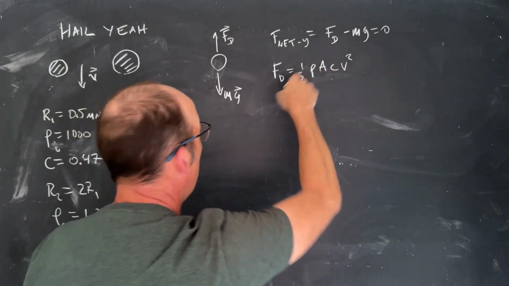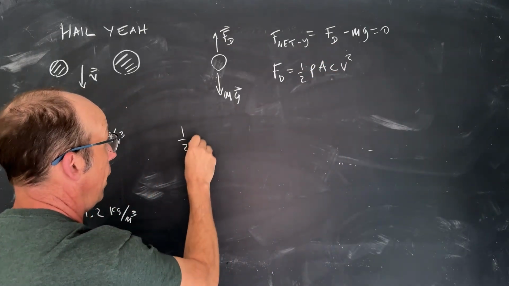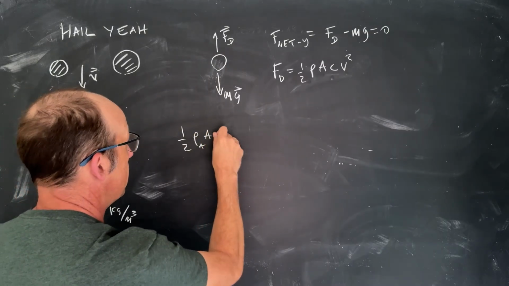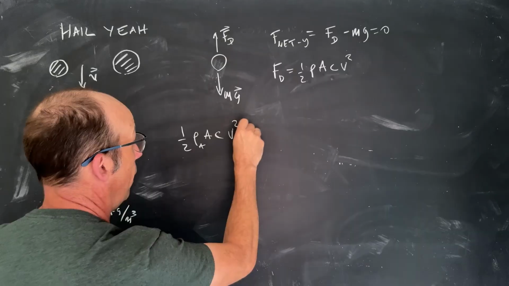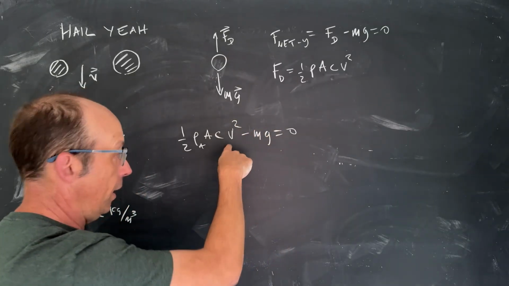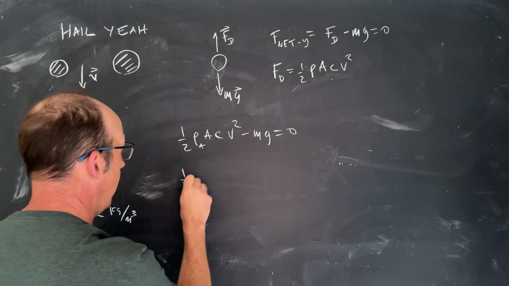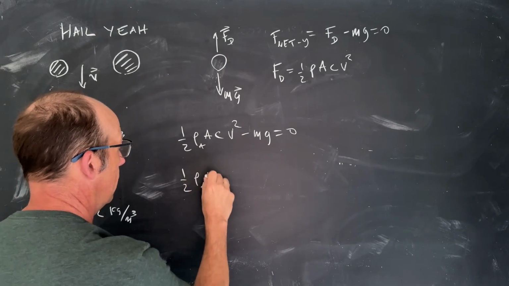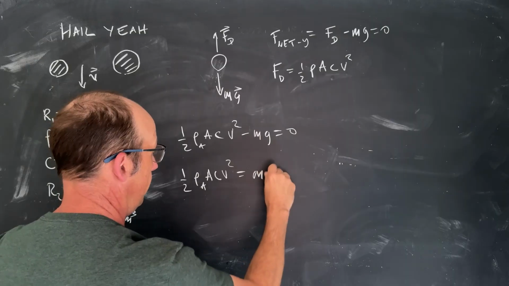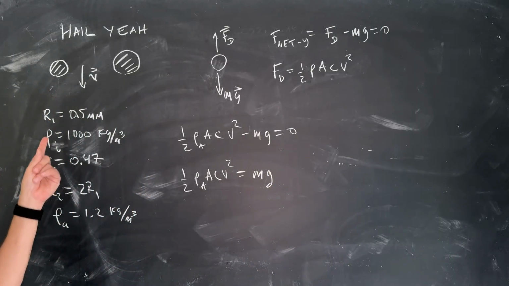So up here, I can put all this in. I get 1/2 rho air, A, C, V squared, minus mg equals 0. And I want to solve for V. So I get 1/2 rho A C V squared equals mg. Now we have a problem. We got to find the mass of the hail.